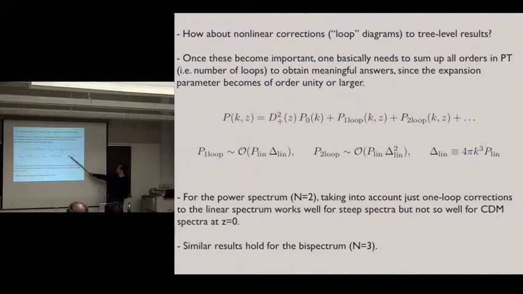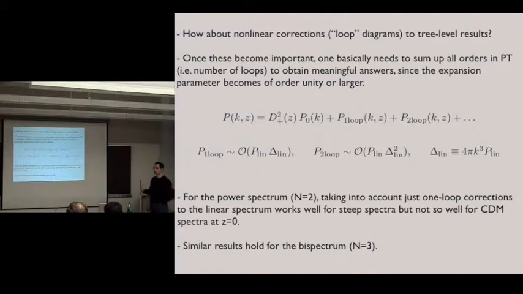So when this parameter becomes of order 1, then this term becomes of order P linear, this one becomes of order P linear, everybody becomes of the same order. You are not allowed to truncate this expansion at any finite number. So you have to resum all the terms here. And this is the strategy that I'm going to follow.